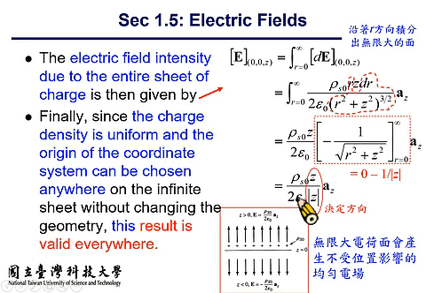And the implication or the significance of this result can be found by comparing it with the other two cases. So comparing with the infinitely long line charge, what are the differences, or what things are the same?